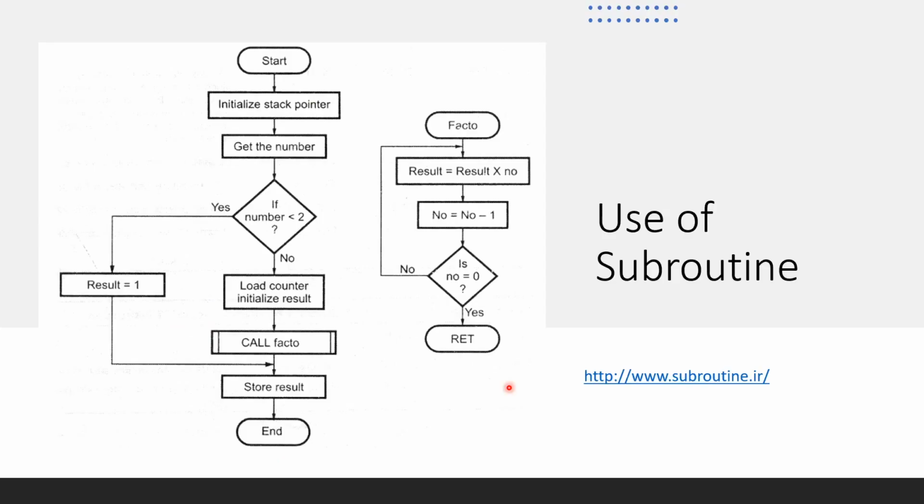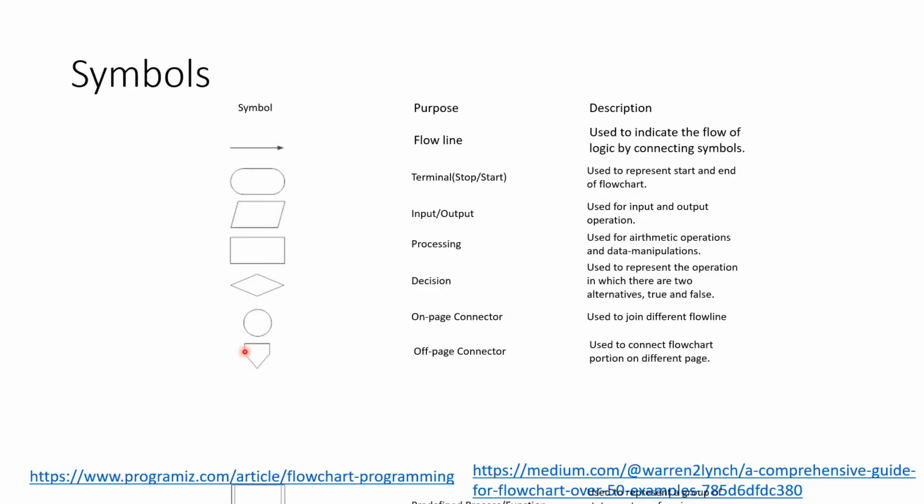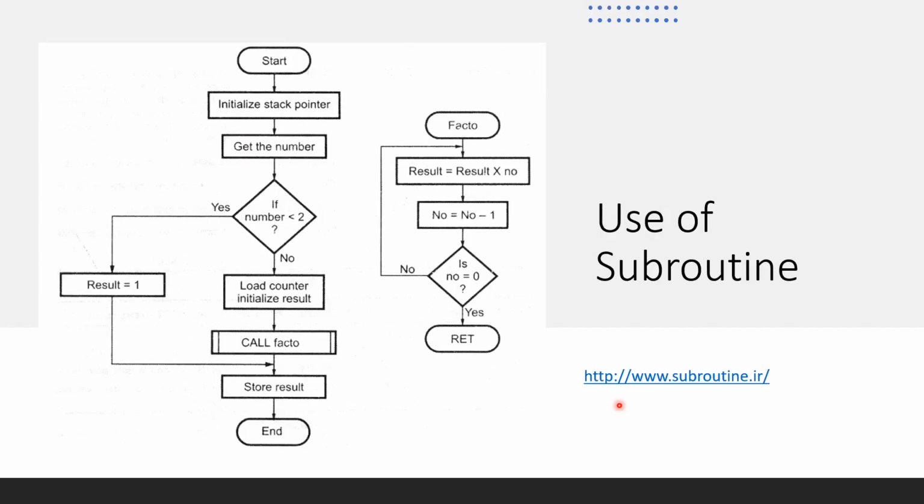The use of subroutines, you can see here call factor. As you see in the symbols, it is the predefined process. So here we see the use of this. We have the call factor, and then we see that the subroutine or subfunction or function is defining another flowchart.